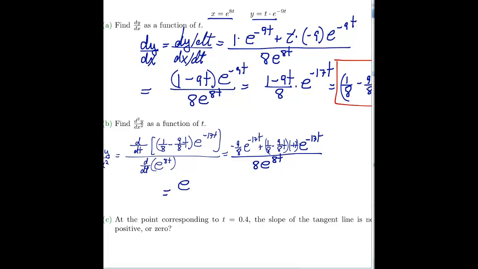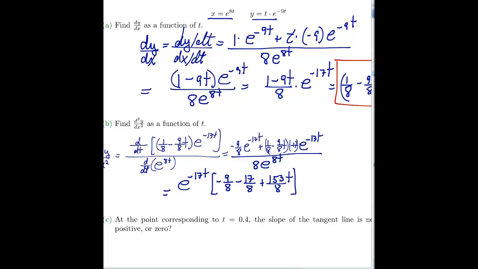So again, let's factor out e to the minus 17t from the numerator, and that's going to give me a minus 9/8, and then a plus, minus 17/8 plus 9 times 17, which I guess is 153, over 8.